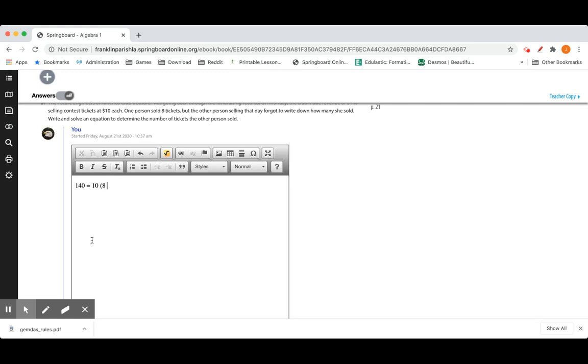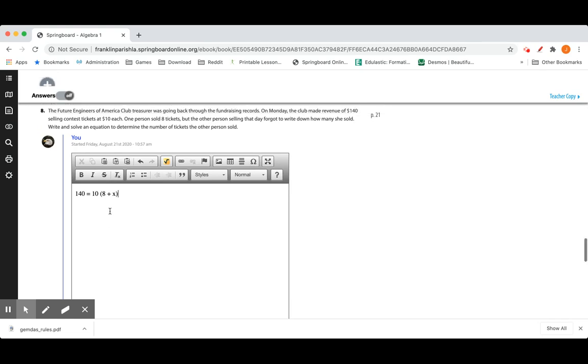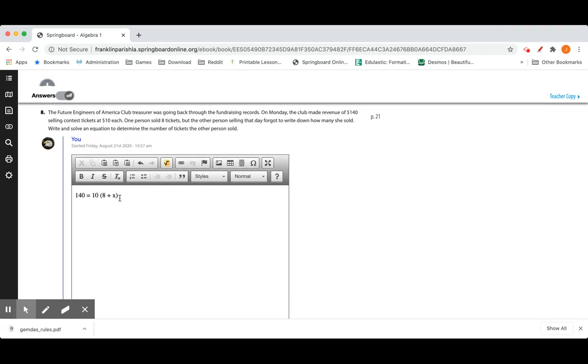That should be adding. So we work this out. Now we can distribute, 10 times 8 and 10 times x, or we can get rid of the 10 now by dividing both sides by 10 to get the parentheses by itself.